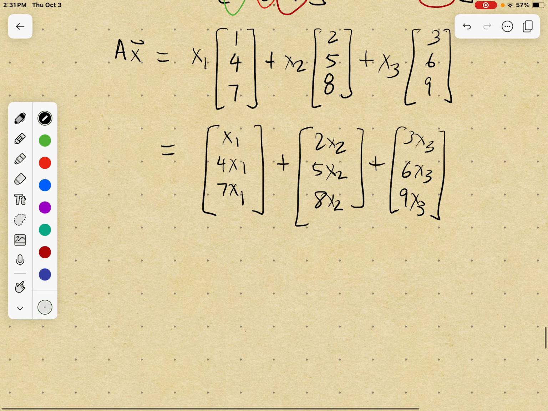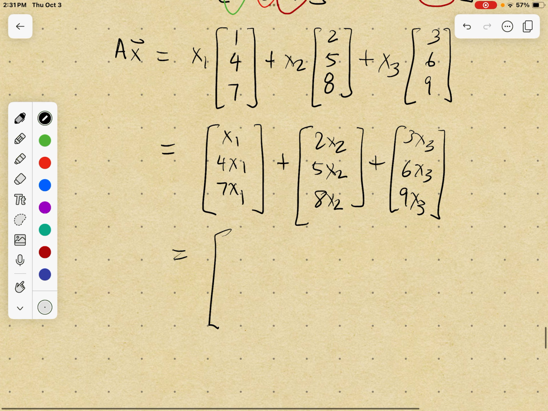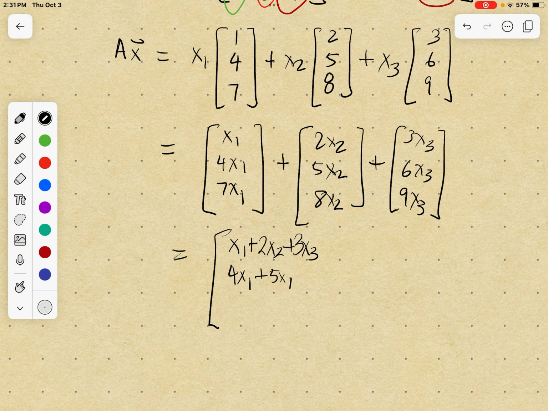And now you add the vectors by adding each component. So this will give you the vector x1 plus 2x2 plus 3x3, 4x1 plus 5x2 plus 6x3, 7x1 plus 8x2 plus 9x3.